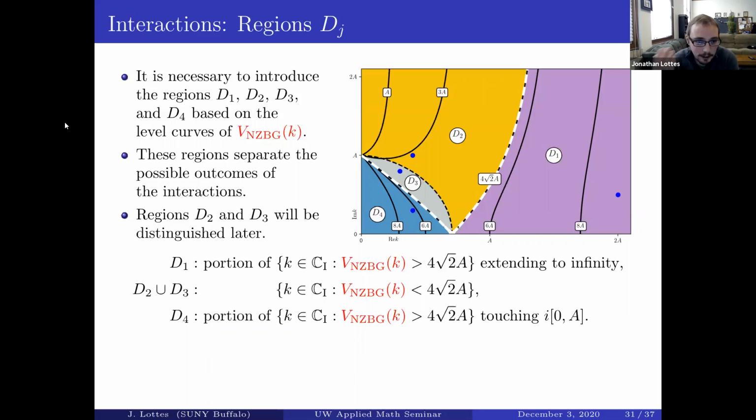So to get a handle on that, we need to introduce 4 different regions: D1, D2, D3, D4, and these are based on the level curves of this velocity function for a non-zero background soliton. And each of those 4 plots we saw before corresponds to one of the 4 regions. So these 4 regions will separate the possible outcomes of the interactions. D1 and D4 make up the places where the non-zero background velocity is greater than the DSW edge velocity.